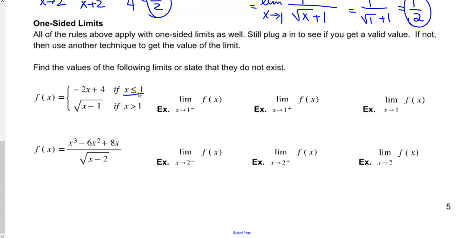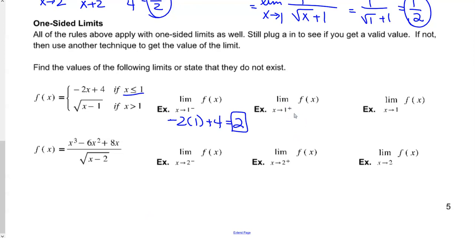What you need to do is take that a value, this is the a, there's the a also, and plug that into the function of the region at which you are coming to the left of 1. So I plug 1 in for the x, and I get negative 2 times 1 plus 4. This gives me negative 2 plus 4, which is a positive 2. So that's the limit as we approach 1 from the left.